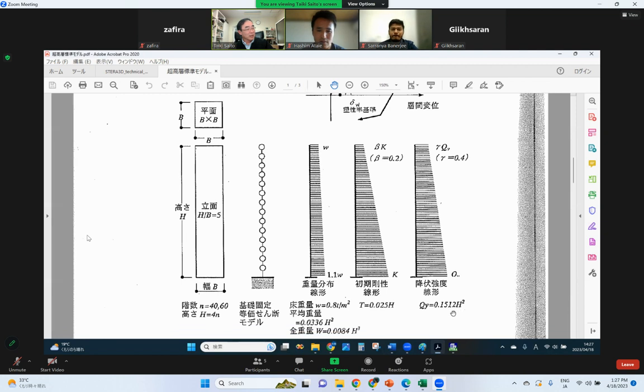They simply put an assumption that it is a linear change. Then they consider 40-story and 60-story high-rise buildings using this assumption. They don't use any mode shape, so this is very simple.